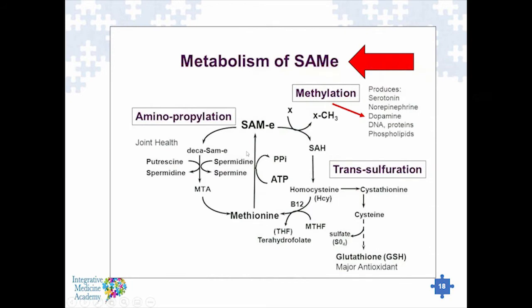So this is just another view of S-adenosylmethionine involved in the methylation cycle. Again, it's going to support serotonin, norepinephrine, dopamine, DNA function, protein development, and phospholipids of the cell membrane. So you can see if we've got a SAMe deficiency, there's a number of things that could be adversely affected.